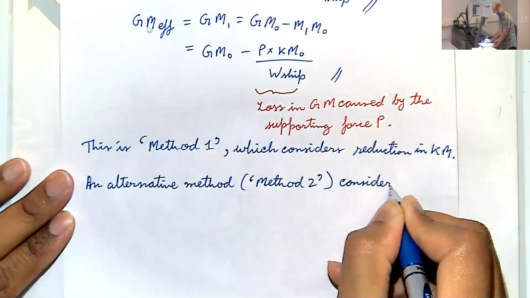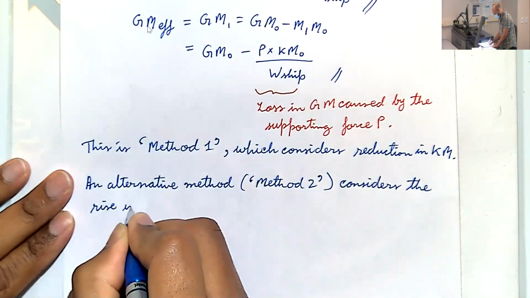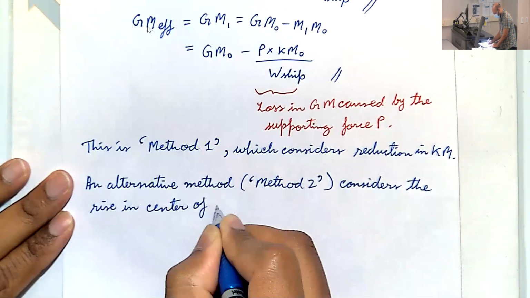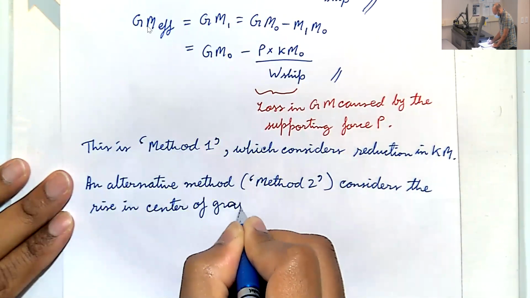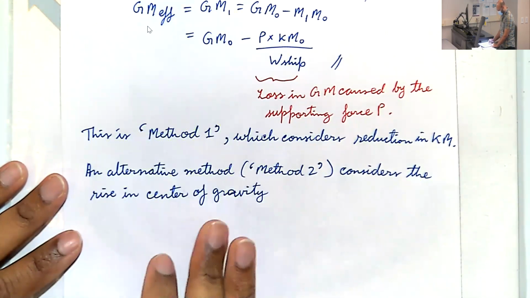Considers the rise in center of gravity. Okay. Why is there a rise in center of gravity?